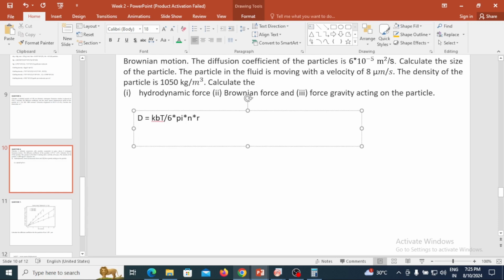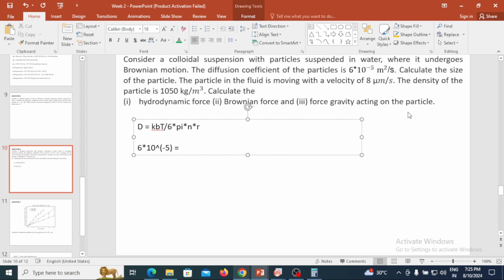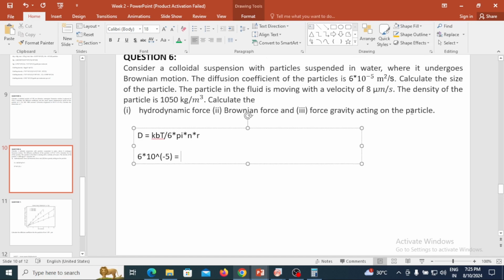So the value of D is given as 6 times 10 to the power minus 5. Kb is Boltzmann's constant. T is not mentioned, so we can take it as room temperature.